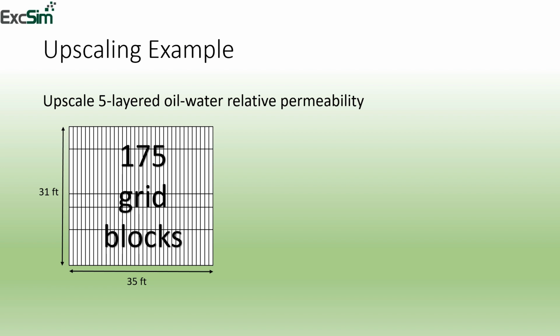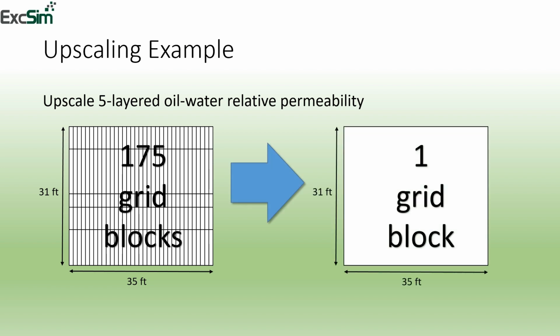Now the idea is to upscale. We're going to run a simulation through this model and then upscale the relative permeability curves that we can then apply to one single coarse grid block in a 2-dimensional model.